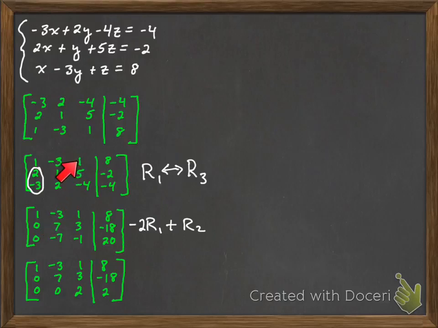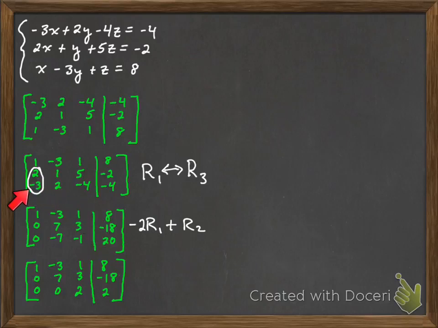Negative 2 times the 1 is negative 2, and negative 2 plus 5 is 3. So that's the new value here. And then negative 2 times 8 is negative 16, and negative 16 plus negative 2 is negative 18, and that's where this value came from.